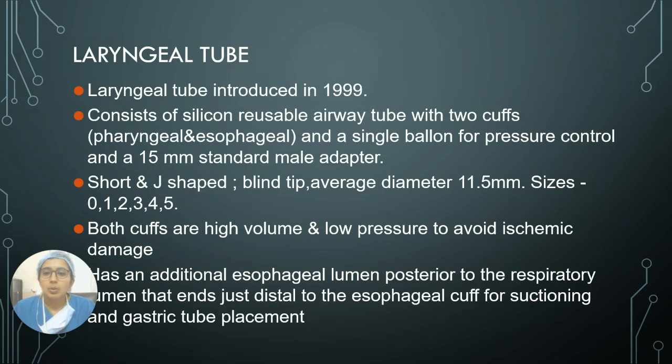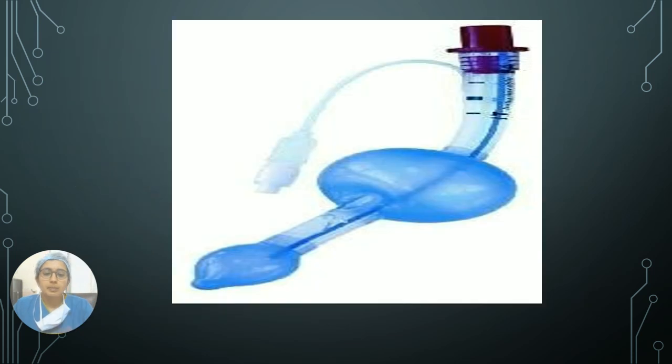Laryngeal tube, introduced in 1999, consists of a silicone reusable airway, short and J-shaped, blind tip, average diameter 11.5. Both cuffs are high volume and low pressure to avoid ischemic damage. It has an additional esophageal lumen posterior to the respiratory lumen that ends just distal to the esophageal cuff for suctioning and gastric tube placement.